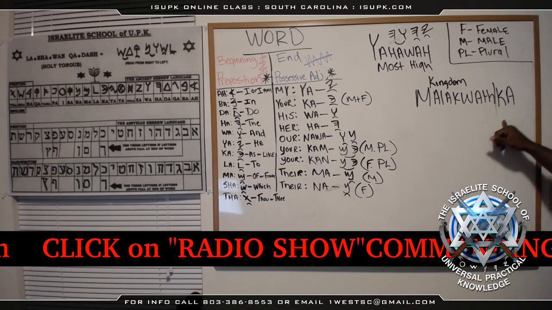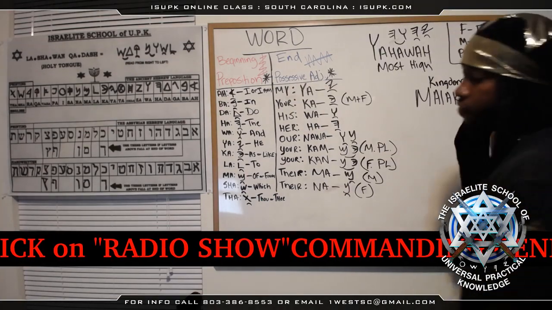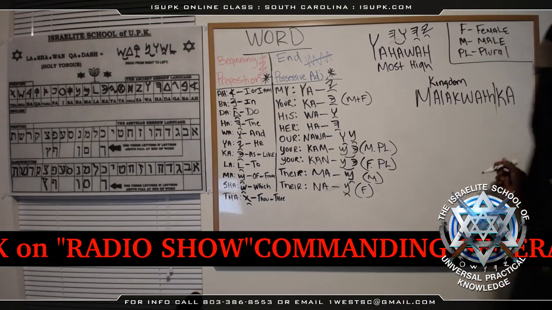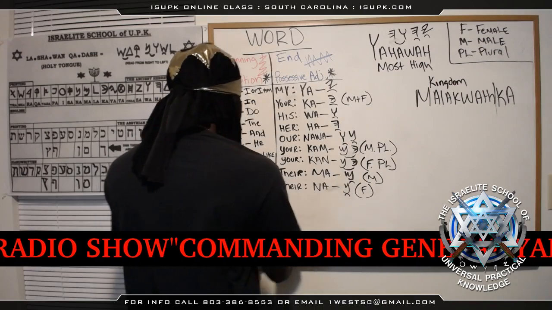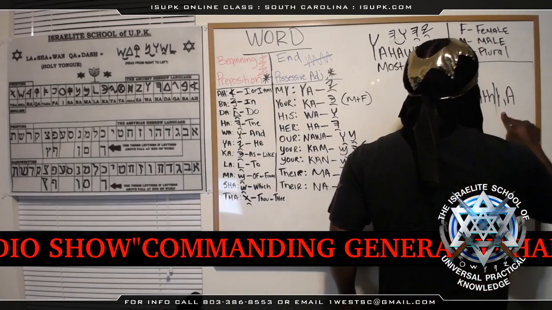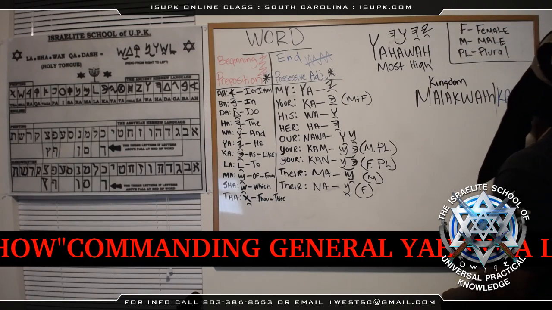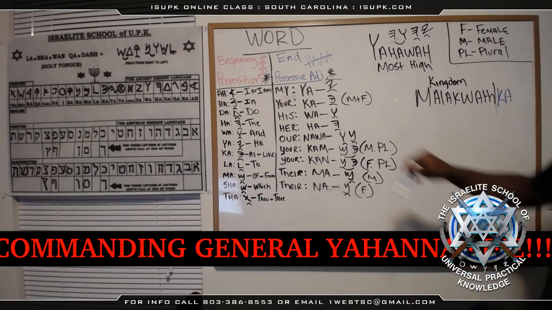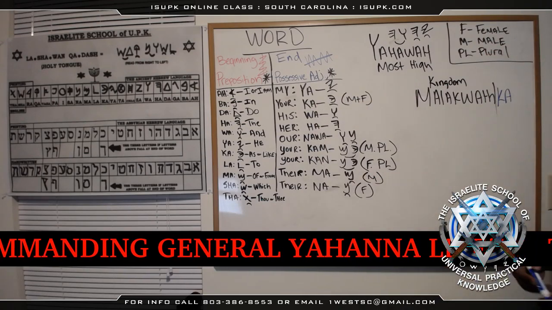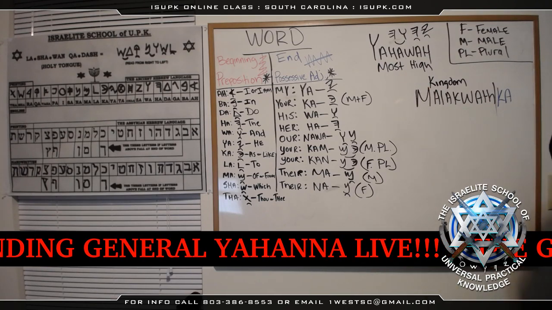The Ka enhances it, meaning this is what? At the end, a possessive adjective. So now it's Malak Wath Ka, my kingdom, right? It's like your kingdom, the Most High's kingdom.